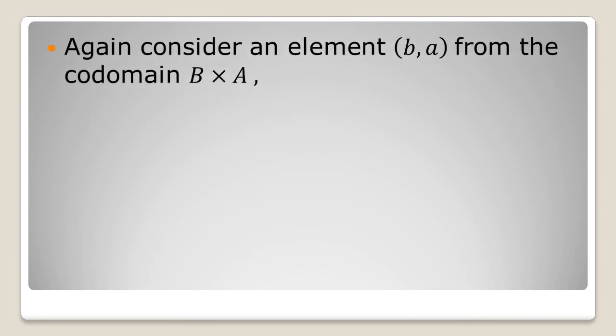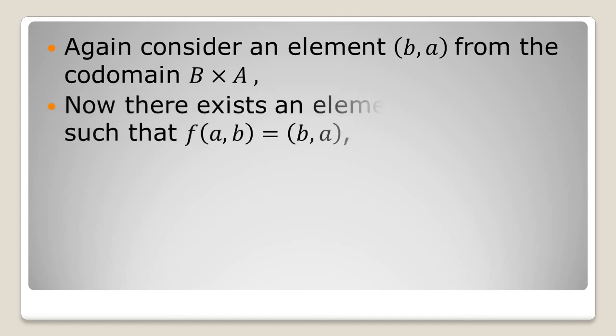And for the onto part, we take an element (b, a) from the codomain, that is the Cartesian product b cross a, and for every (b, a) from the codomain, there exists an element (a, b) in the domain a cross b such that f of (a, b) equals (b, a).